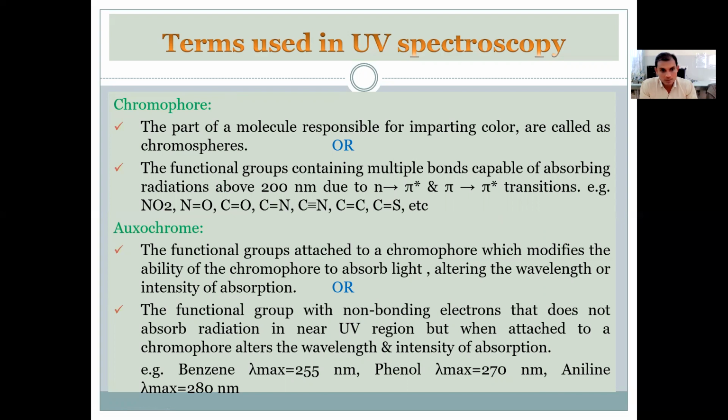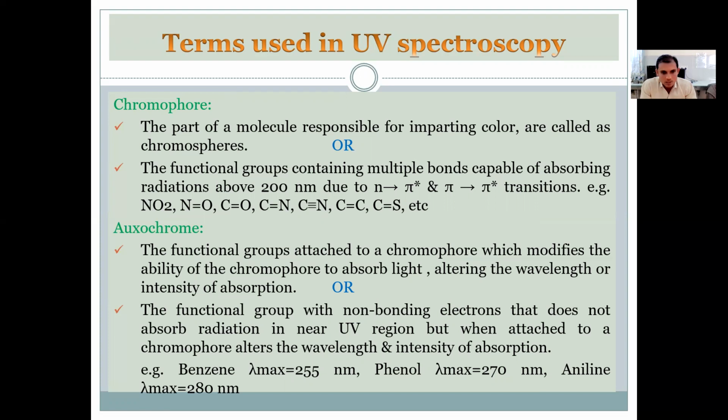Further, it is defined as a functional group with non-bonding electrons that does not absorb radiation in the near UV region, but when attached to a chromophore alters the wavelength and intensity of absorption. If we have to determine the cutoff value for methanol, this value is 205 nanometer.